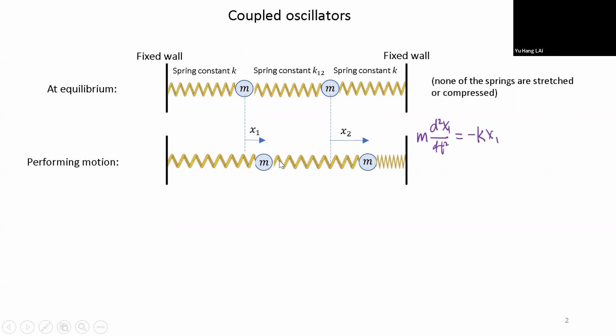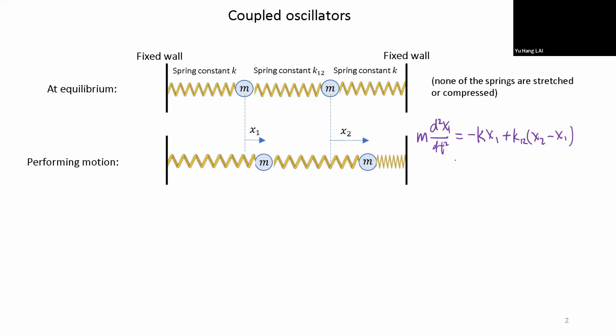If it is stretched, the force is on the right. The stretch amount is x2 minus x1, multiplied by the spring constant of the spring in the middle. If x2 minus x1 is smaller than 0, that means a compression, and this automatically gives you the minus sign. So this is the equation of motion for the first mass.